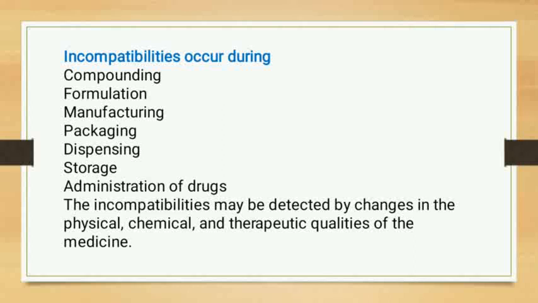Then during dispensing and storing, if you have stored them in unfavorable conditions, there are chances of reaction. Then in administration, the drugs may not be administered by the right route. The incompatibility may be detected by a change in physical, chemical and therapeutic qualities of the medicine.